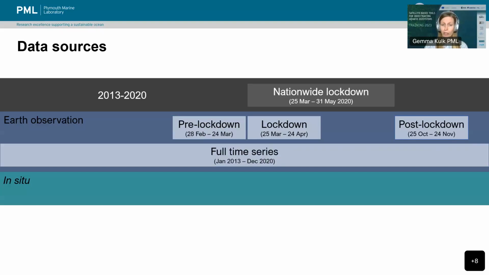We also used the full time series of the remote sensing observations to analyze long-term trends in water quality. And we had the opportunity to collect in situ samples later during lockdown in May 2020, which we then compared to samples we collected earlier in May 2019. I will come back to this figure when I discuss the results, but I will provide a bit more information on the different data sources first.